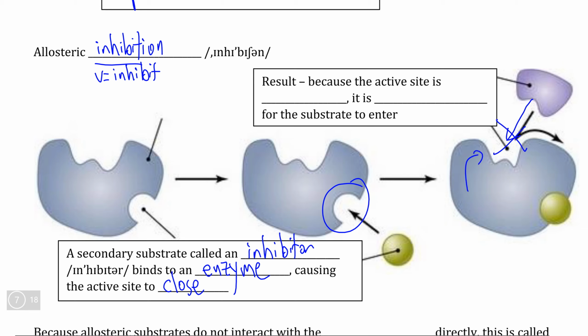So here we can see that the conformational change in the enzyme because of the inhibitor has closed off the active site, which means that it is no longer possible for the substrate to enter the active site, and therefore this enzyme is effectively rendered off or inactive.